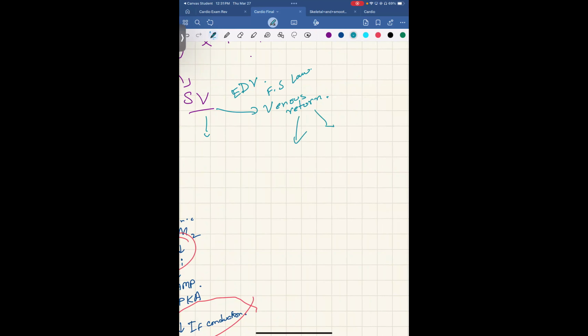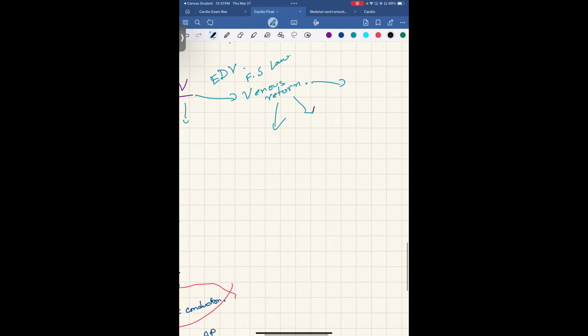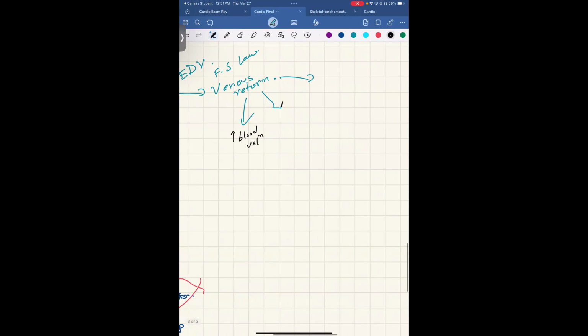What does venous return depend on? Sorry, Mahir, I'm taking a little bit of time because we started late as well. Yes, what does the venous return depend on? Maybe if you have more blood, so blood volume, for some reason, if your blood volume has increased, which is something you're going to talk about in kidney.